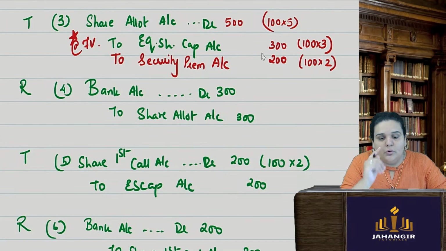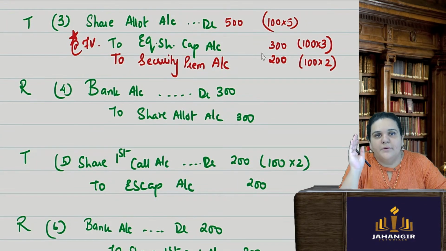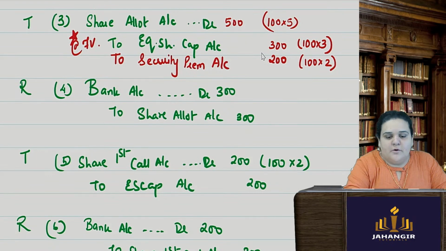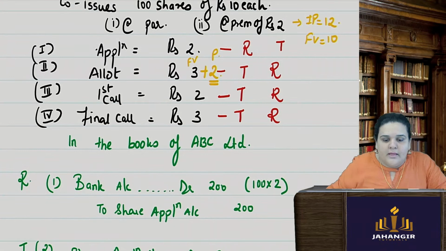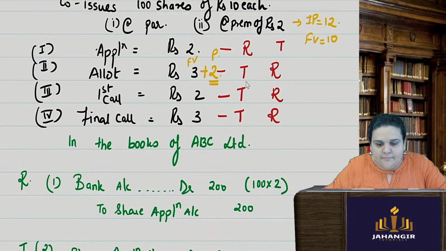Okay. So note down one thing, that whenever there is a premium, or in that case there could have been a discount, discount I will show you all at the time of reissue only. So whenever there is a securities premium, it is always recorded as the transfer entry.